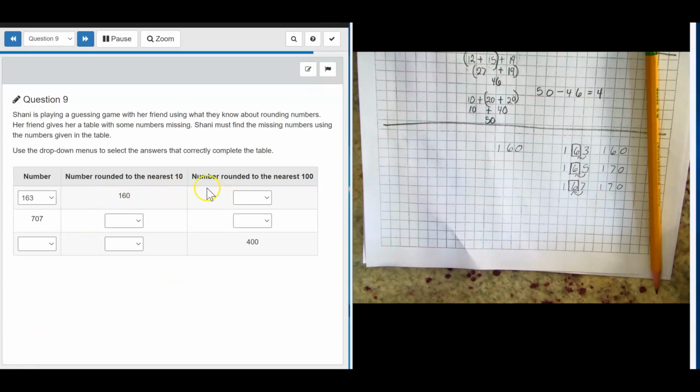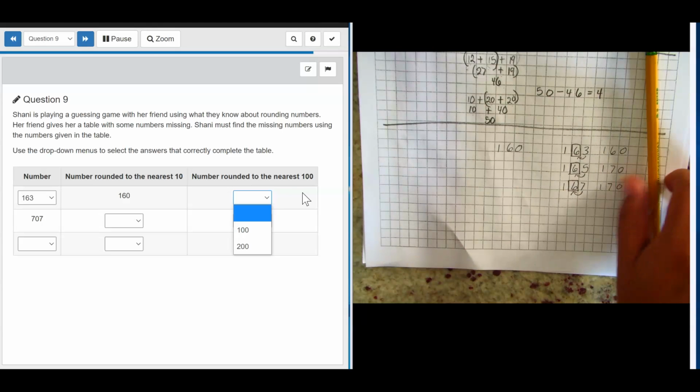Now let's continue. We're looking for a number rounded to the nearest 100. So we have 163, 160. Now we're going to see what this number will round to the nearest 100. Let me see what numbers I have. I have 100 and 200.